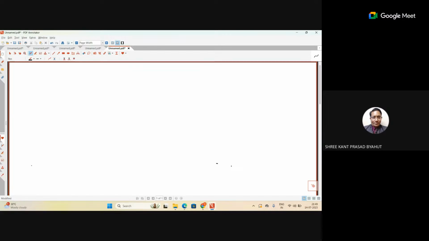One is W hat ML, the expectation of W hat ML minus W, squared. This is the MSE of W ML. The MSE of W ML is equal to bias square, which is 0, plus the variance.